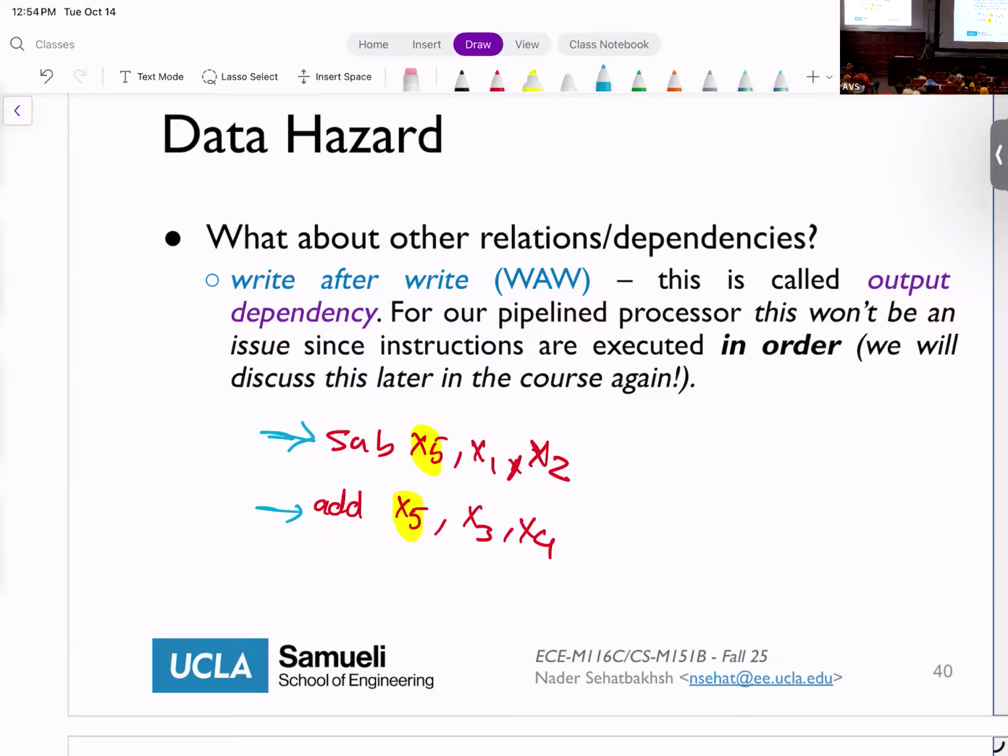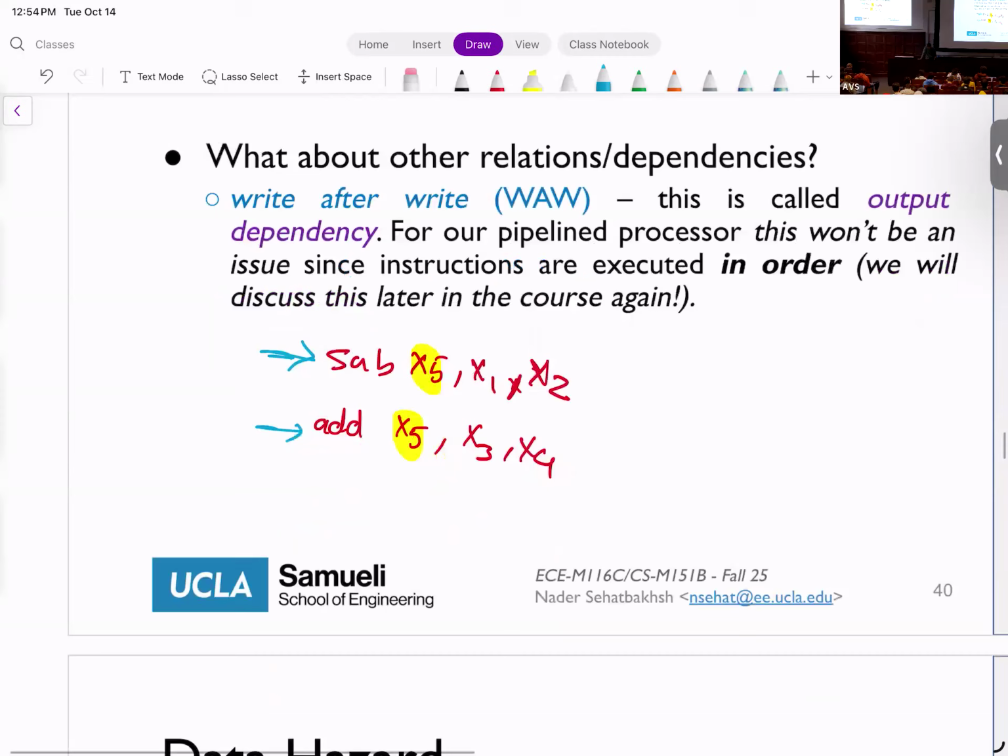As long as we execute sub first and then add next, things will be taken care of automatically because I'm just running them one by one. Later on, when we introduce out of order execution, you will see that there might be a possibility that add happens before sub, and there we need to take care of this. So for now, this is not a problem in our in-order processors.